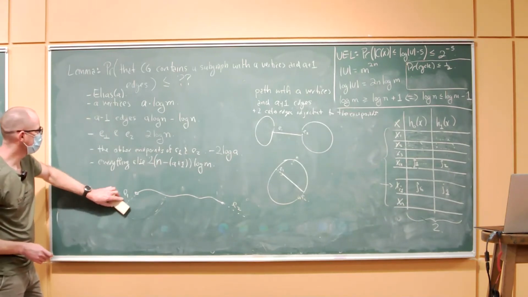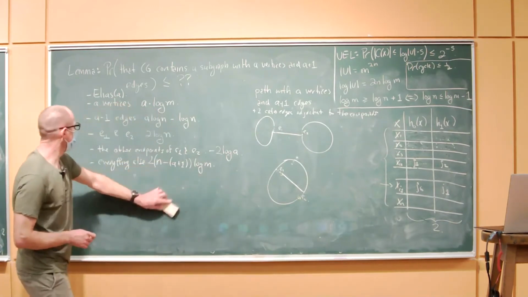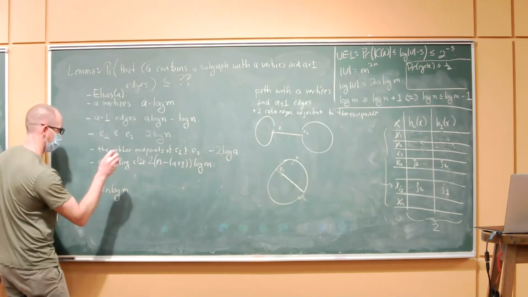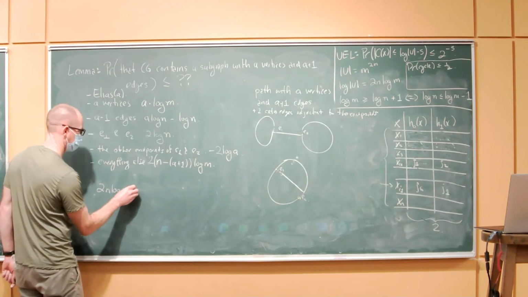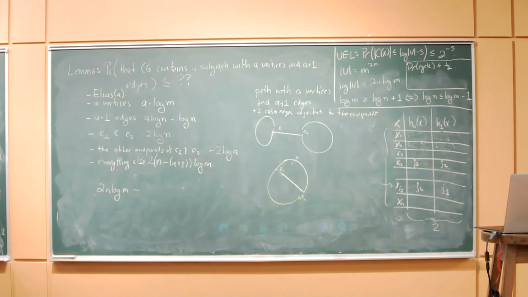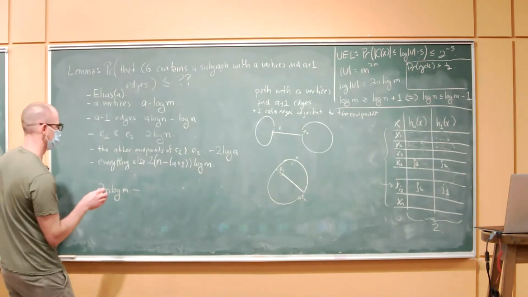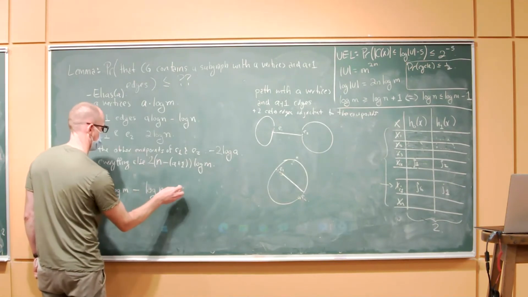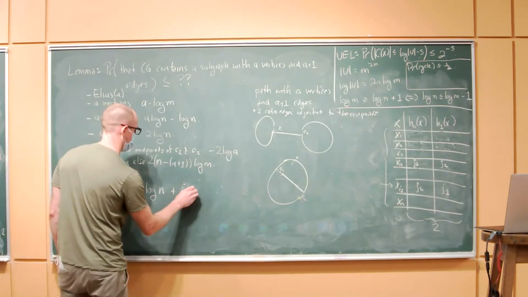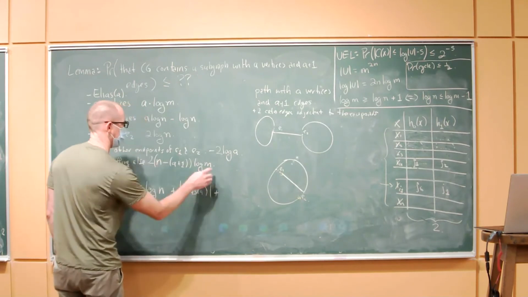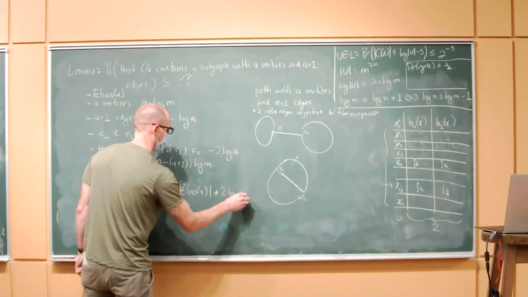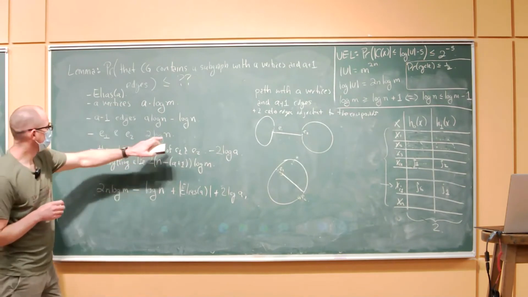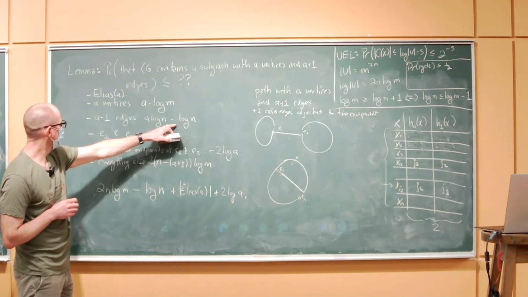All right. And if you add all of this up, you will get 2n log m minus log n coming from here, plus the Elias code, plus what we had here, 2 log A. And there should also be this thing, that's the minus log n.